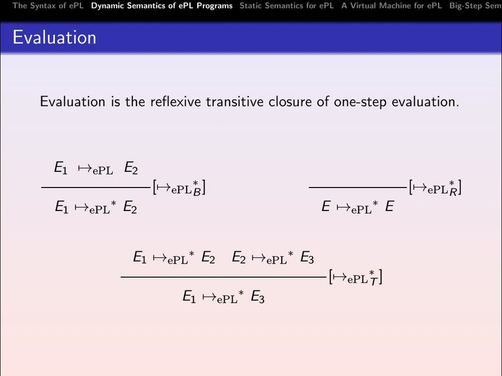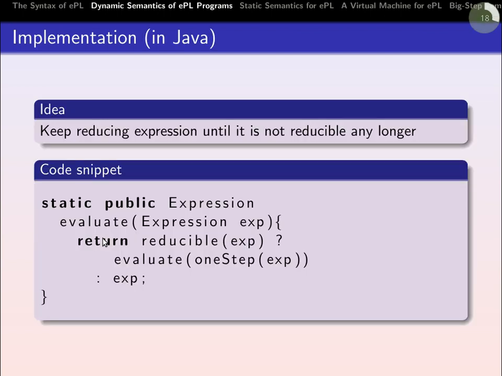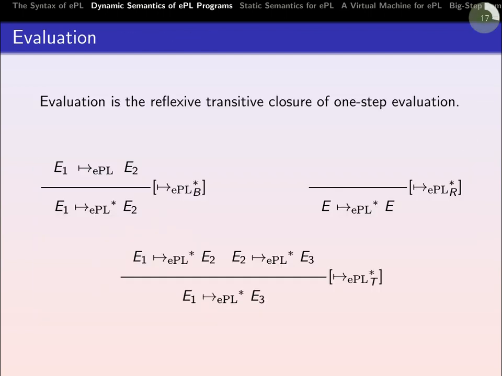So this means any number of applications of the arrow, including none, right? So we're saying that if E1 one step evaluates to E2, then E1 reflexively and transitively evaluates, not self-evaluates, to E2 as well, right?